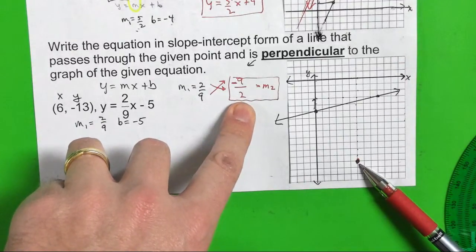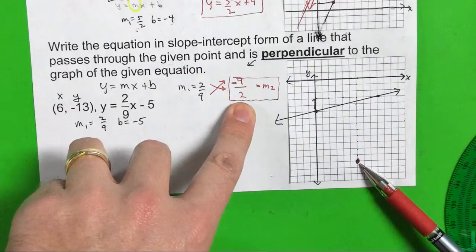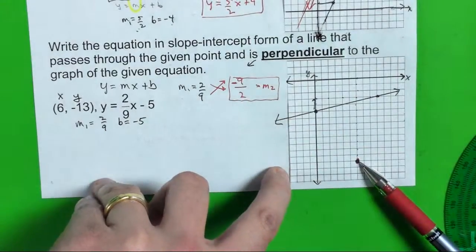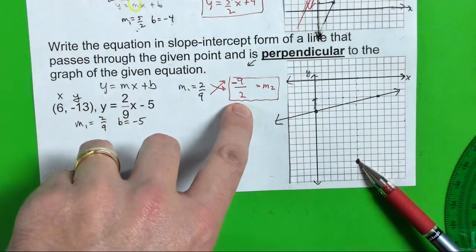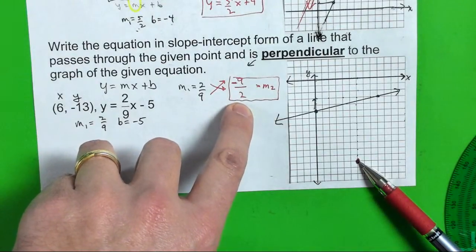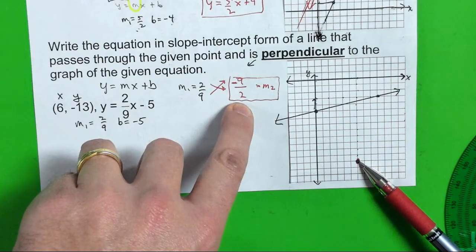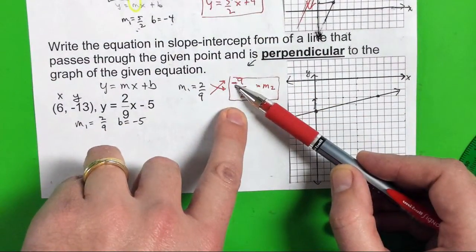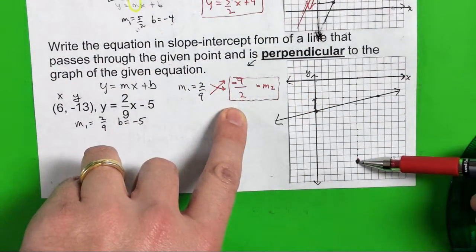What do I want to rise and what do I want to run? I'm starting at this point. I need to use this slope to get another point so I can make a line. Which way 9? Up, down, left, or right? But it's got a negative sign on it, dude. So I want to go down, right?